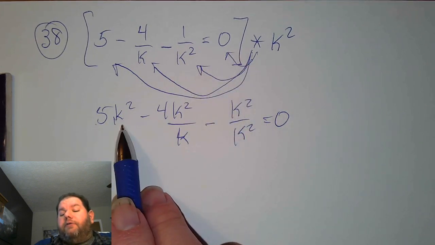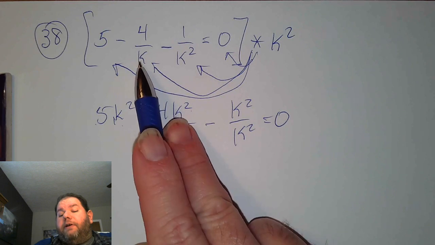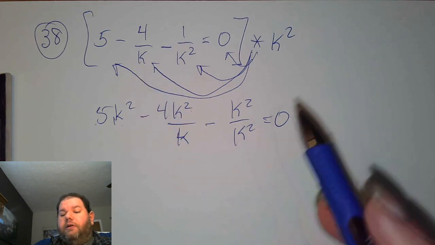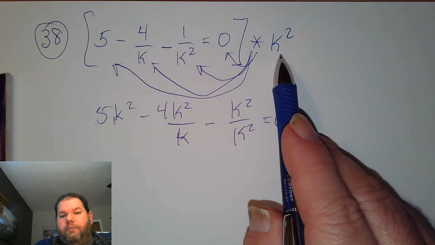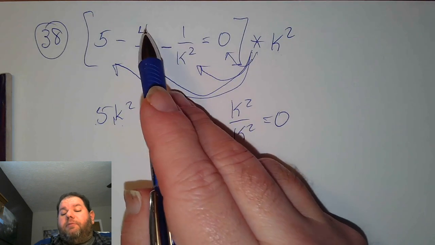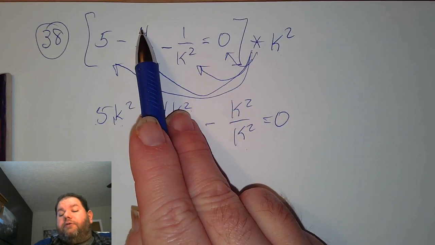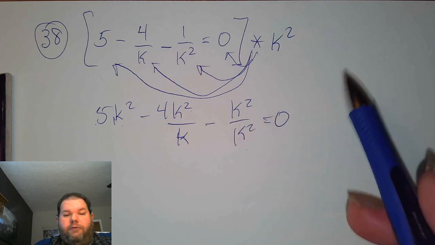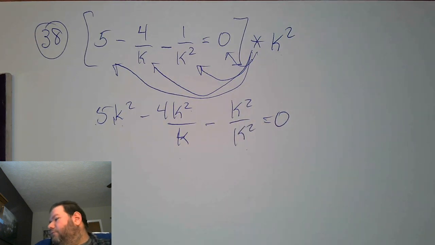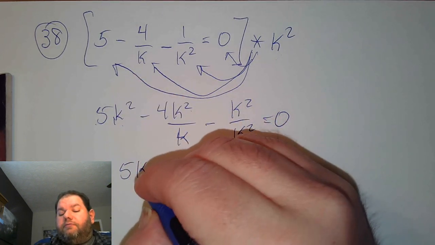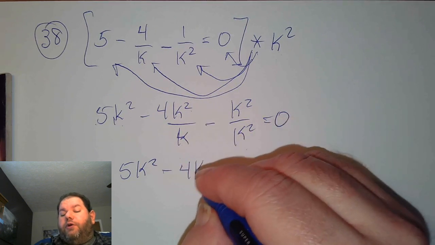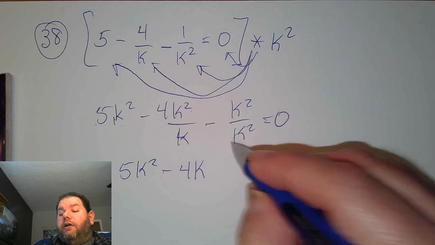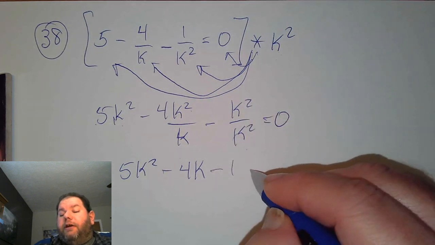So you get 5 times k squared, 4 times k squared divided by k, and then k squared over k squared. When we multiply a fraction by a term, this term k squared always multiplies the numerator. That's why I put 4k squared and 1 times k squared, or just k squared. Now we can reduce these. K squared divided by k is k, so we get 4k, and k squared divided by k squared will be a 1.